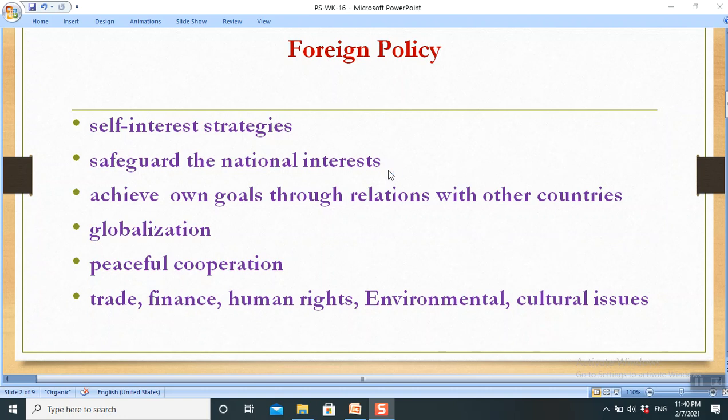This approach is called foreign policy, and it is not a new thing. Since the human beings started establishing kingdoms, they had developed relations with the other nations.